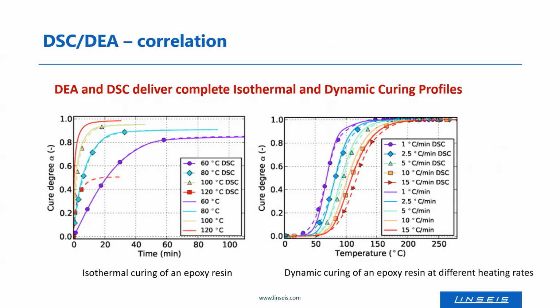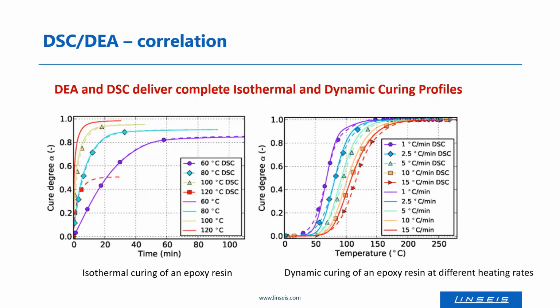The examples here show on the left-hand side the isothermal curing curves of an epoxy resin. The blue curve is for the temperature of 60 degrees, so it was cured at a constant or isothermal temperature of 60 degrees. And you can see after around 60 minutes, it's finished. When you look at the higher temperatures, you can realize that the curing times are much faster and the degree of cure is also higher.